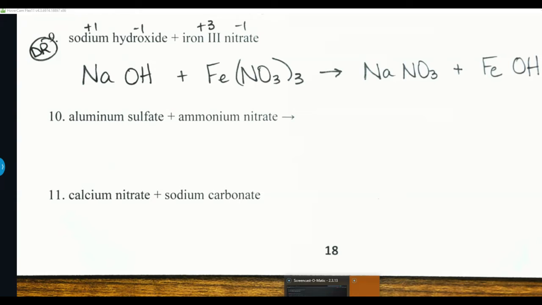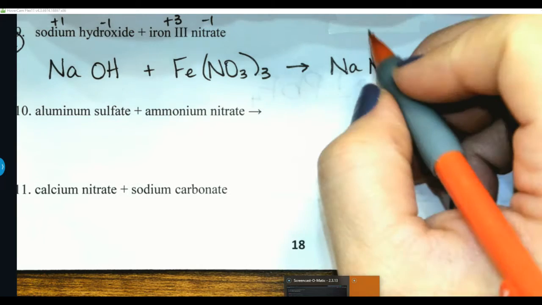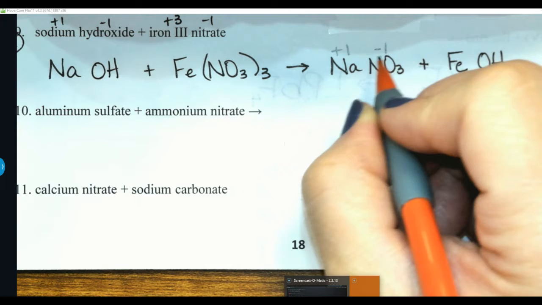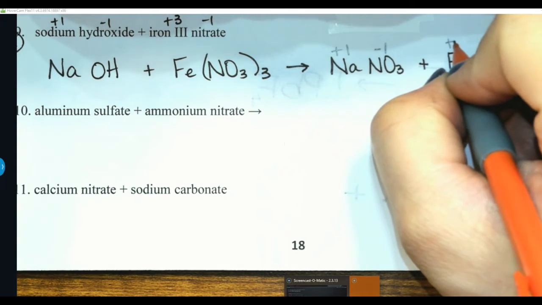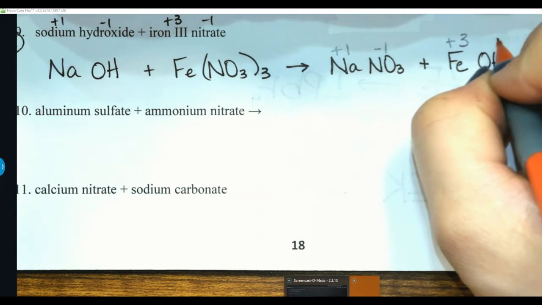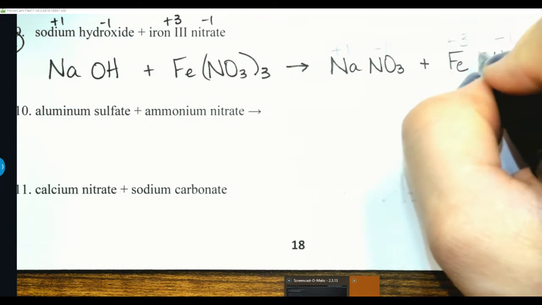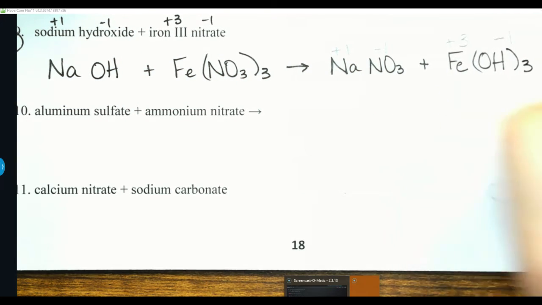And now we're going to balance our charges. Sodium has a plus 1, nitrate a minus 1, so those are going to cancel. Iron is plus 3, and hydroxide is minus 1, so we're going to crisscross, and that's going to give me parentheses and a 3 around the hydroxide.